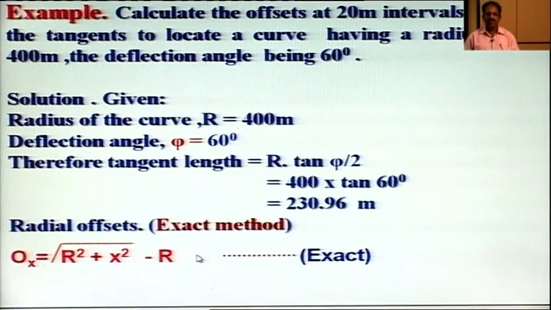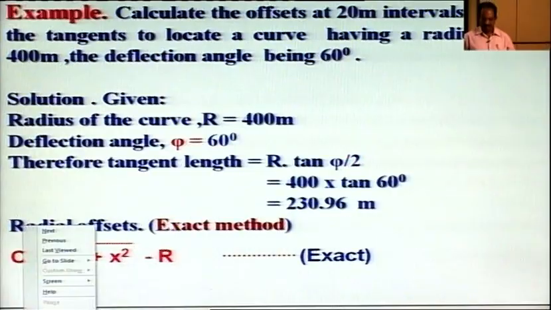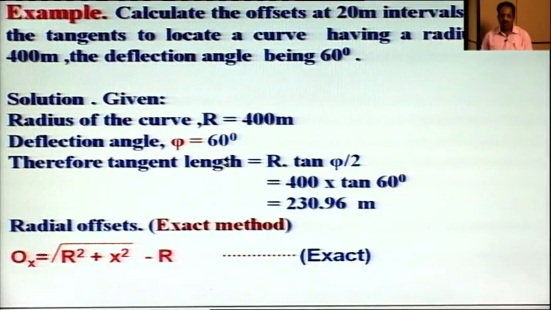So, how do we solve it? The radius of the curve is given as 400 meter, and the deflection angle is 60 degree.